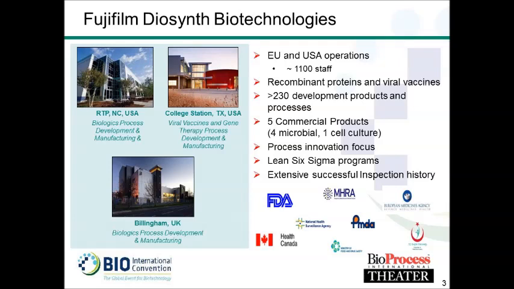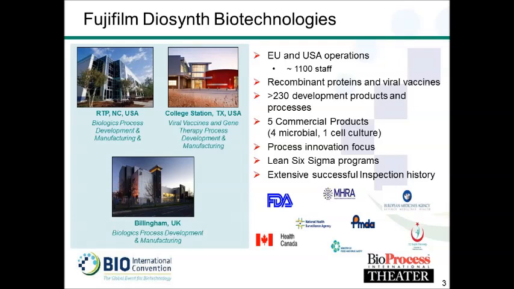So a little bit of background about Fujifilm Diosynth Biotechnologies. You can see here we have three different sites: two sites in the US and one site in Birmingham, UK. At Research Triangle Park, North Carolina, and Birmingham, UK, we have capability for biologic process development as well as manufacturing.